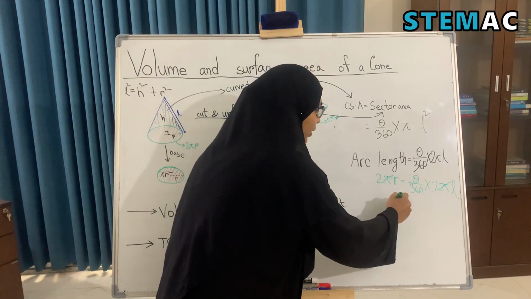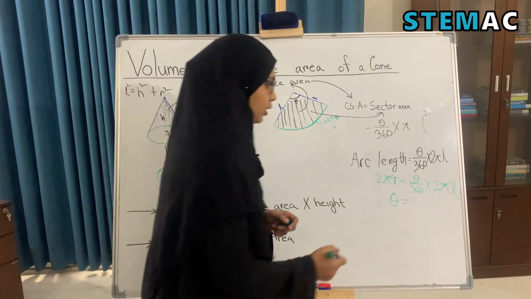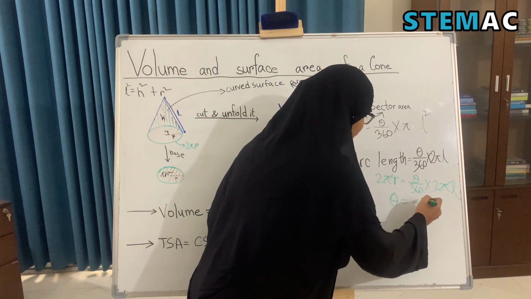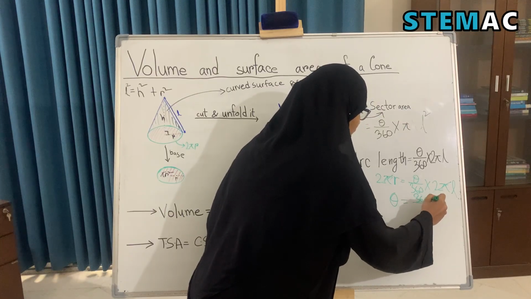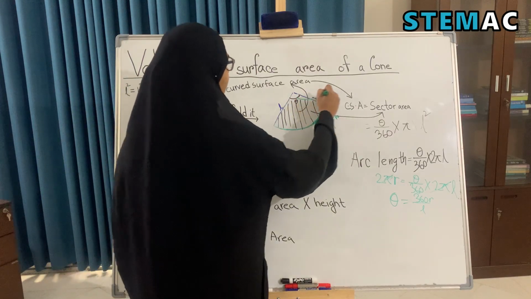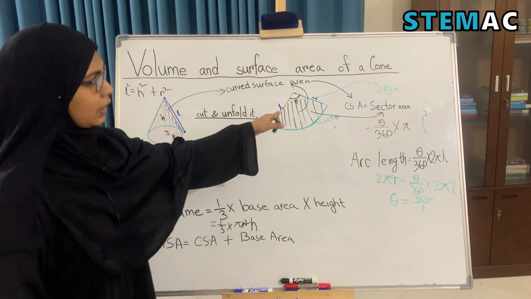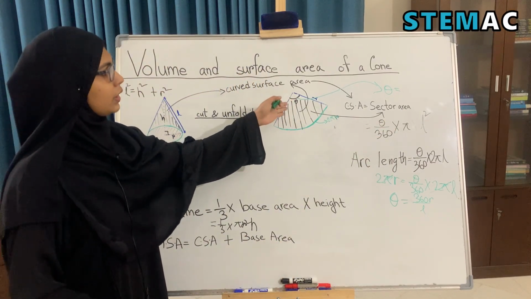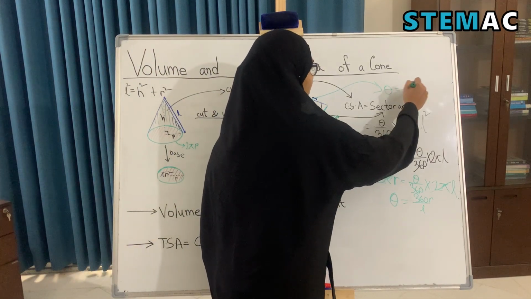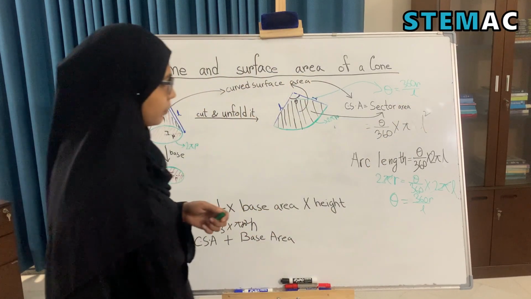So from here we can express theta in terms of r and L. So theta equals 360 r divided by L. So here the sector angle for this circle is theta equals 360 r divided by L.